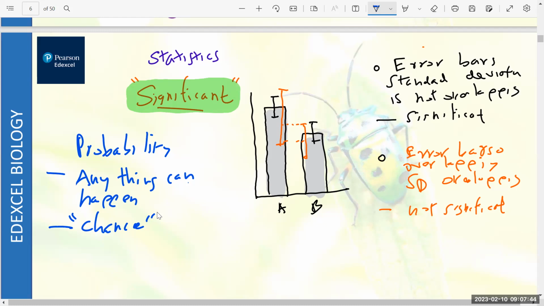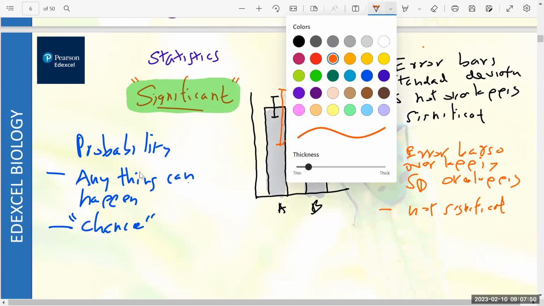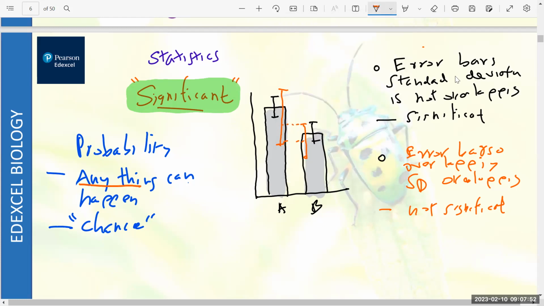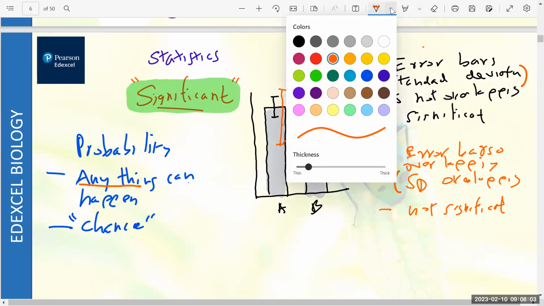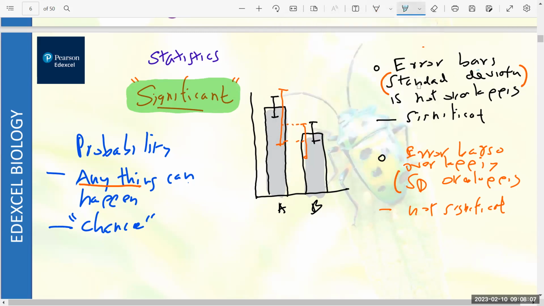So we have only one solution to overcome the problem. But in that other one, error bars and standard deviation, we'll consider as one thing. I think standard deviation is the right word, and sometimes in AS level we use error bars.